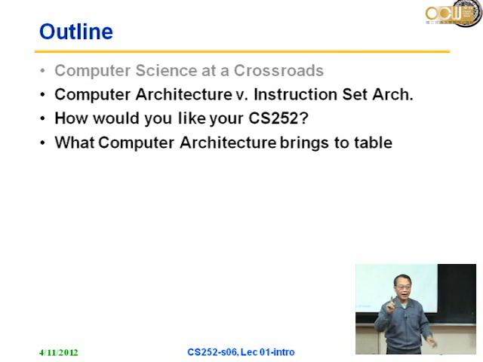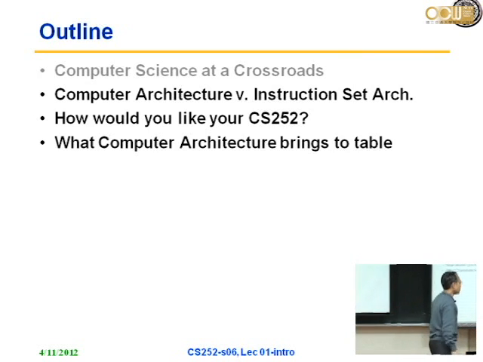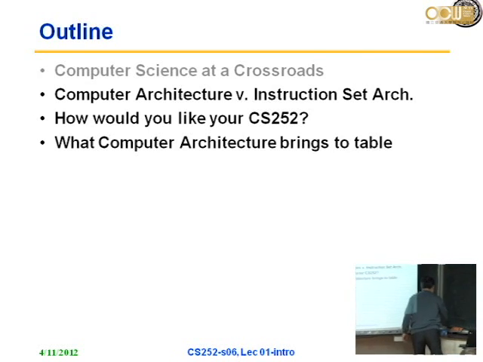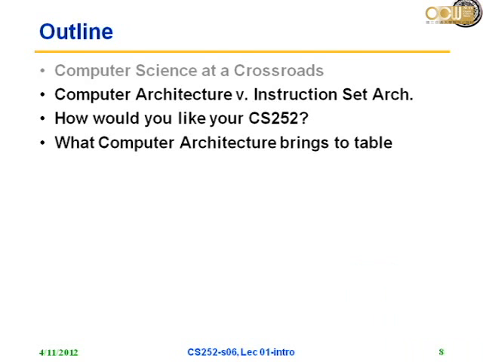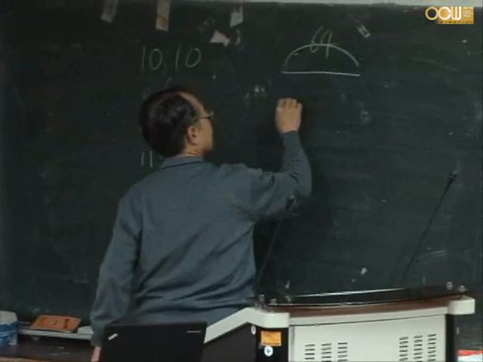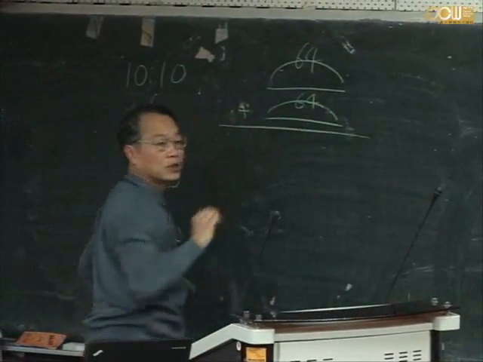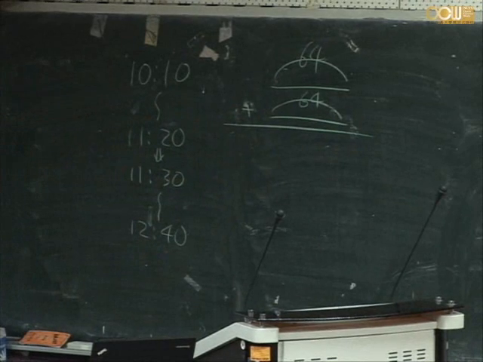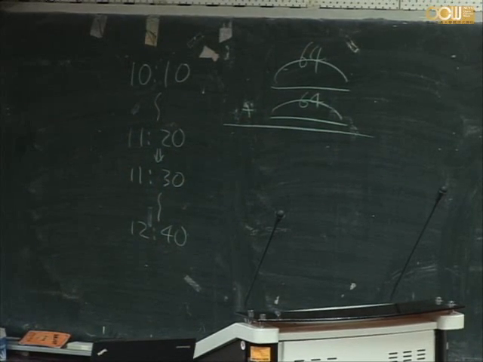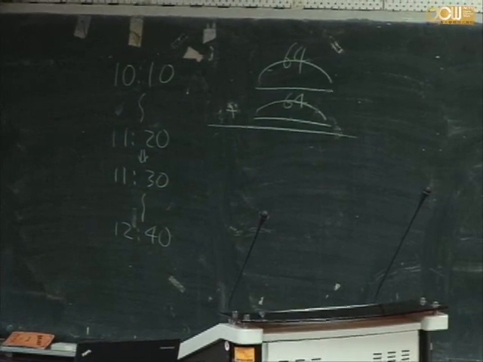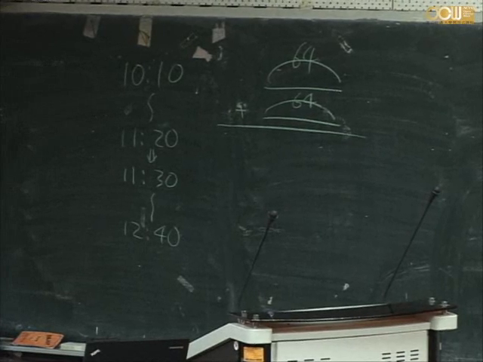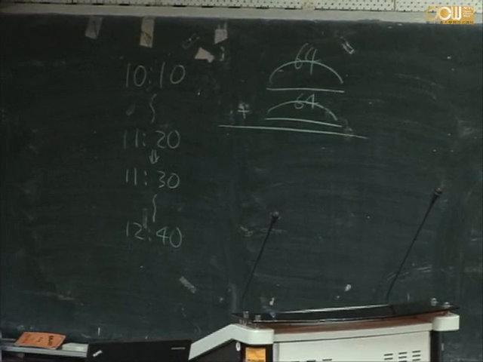Okay, so if I ask you, in order to add two 64-bit numbers, 64-bit and 64-bit, the circuit you're going to use is combinational or sequential. Remember combinational and sequential?